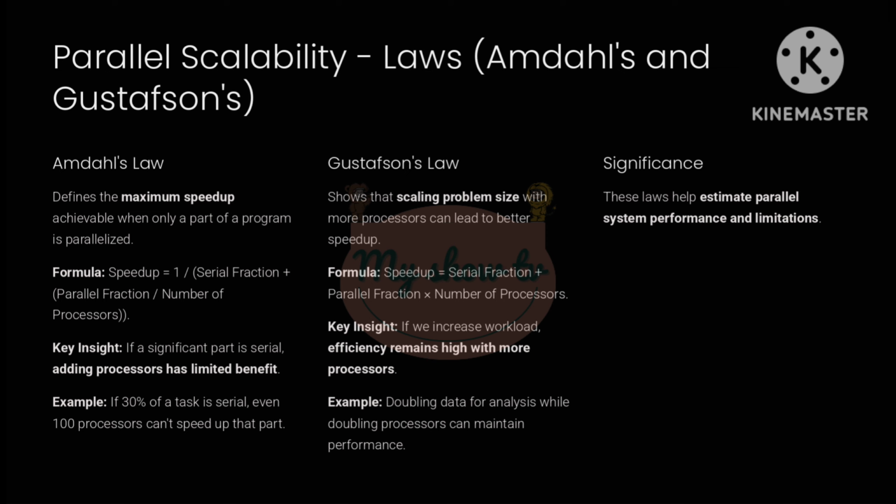The formula for Gustafson's law is speedup equals serial fraction plus parallel fraction times number of processes. So while Amdahl's law focuses on limits, Gustafson's law shows us opportunities to scale up. Both are essential to understand how much speedup we can expect and under what conditions.